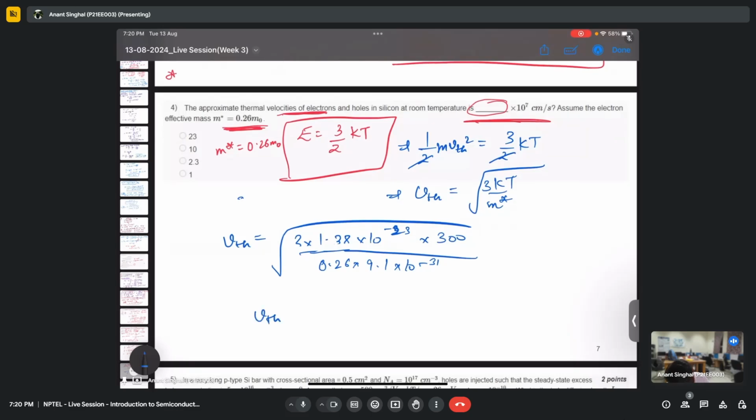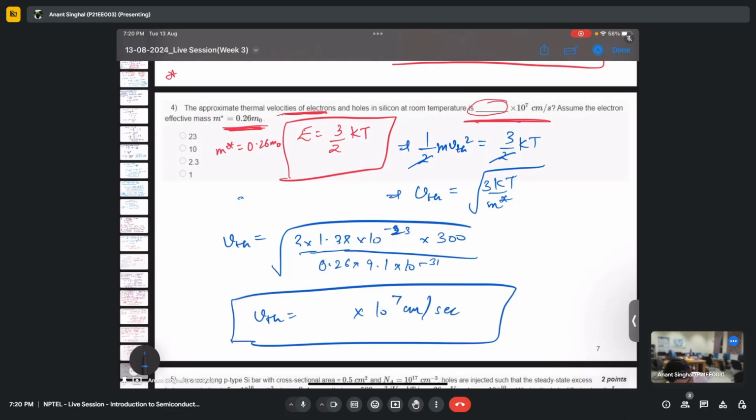So if you calculate this, it will come out to be some number. Please give me this number, which is either option A, B, C, or D.